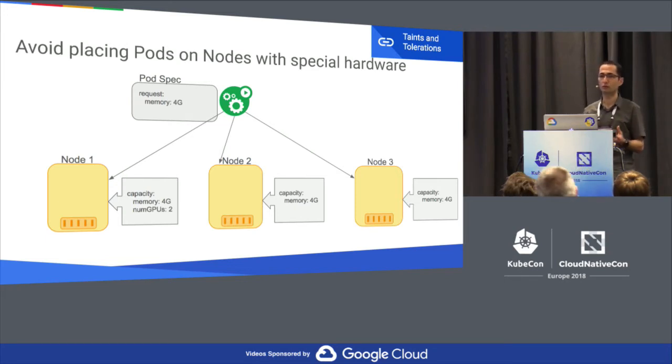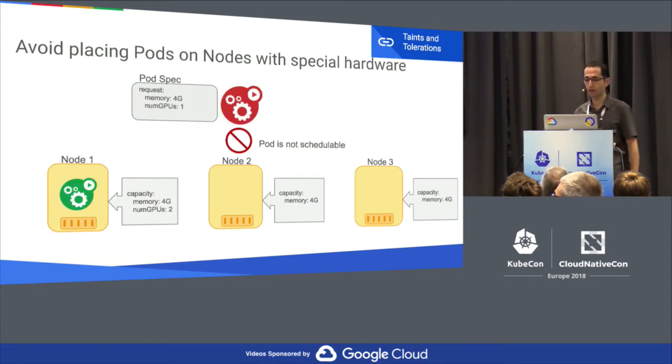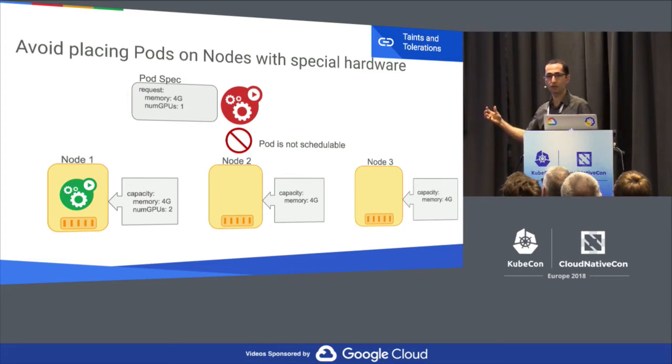So the scheduler, if there is no particular preference, may happen to choose node 1 for running this pod. And then a second pod arrives a second later. This pod requires 4 gigabytes of RAM, but it also requires 1 GPU. Since the node with the GPU is already used for running a pod that didn't actually require a GPU, we will not be able to schedule this pod at all. So this pod is going to remain pending.